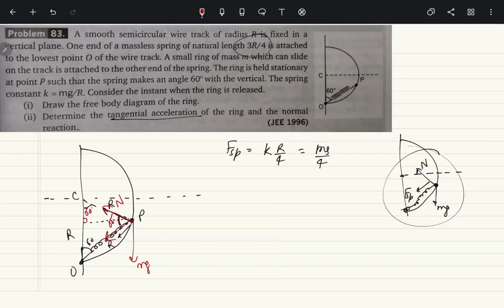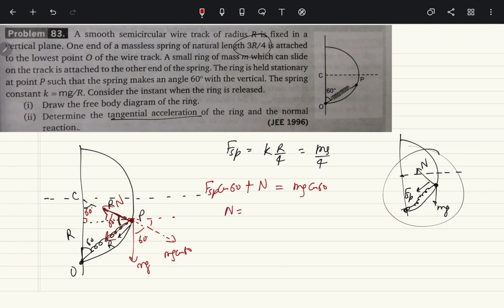The component of the spring force along the normal will be FSP cos 60. If I take the component of mg in this direction along the normal, this angle is 30 again, so this is 60. So the component of mg is also cos 60. FSP is acting in this direction towards the normal, so FSP plus N, because these two forces are acting in the same direction, should be balanced by mg cos 60.